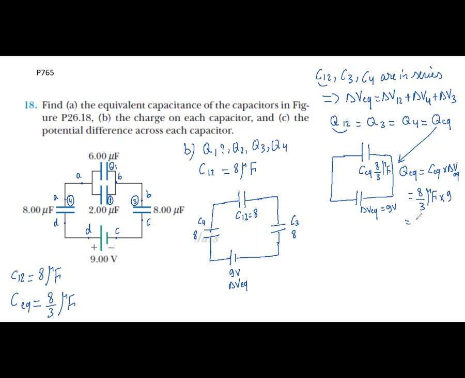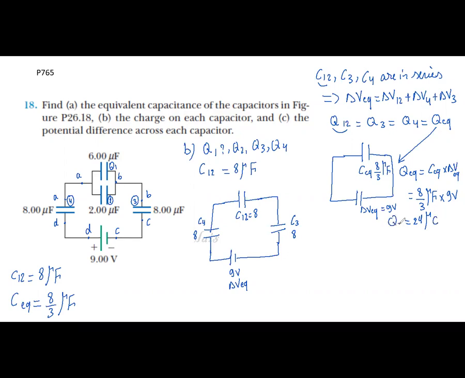We get 8 times 3 equals 24 microcoulomb. The unit of Q is coulomb.